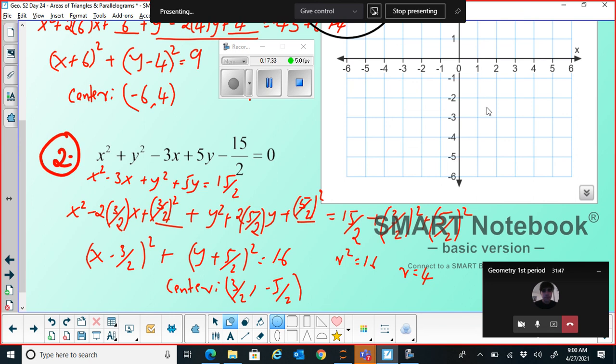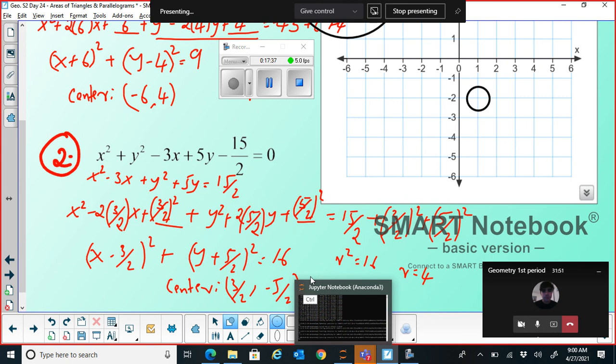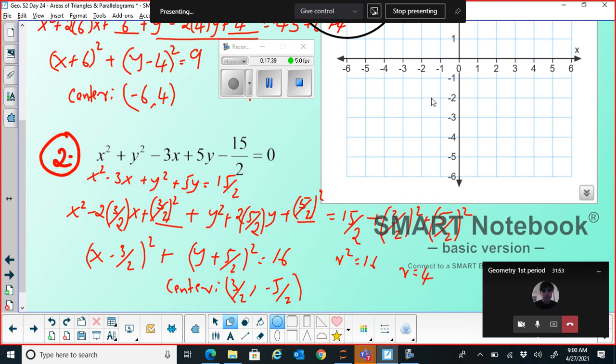So this should be the center of my circle. I can't construct that accurately. Let me try, otherwise I hope you get the picture. Not sure if I can.